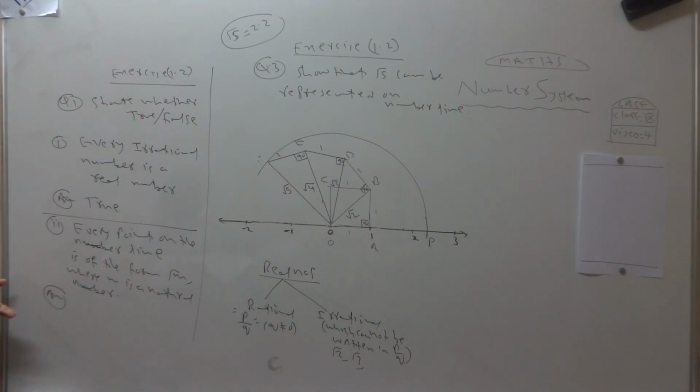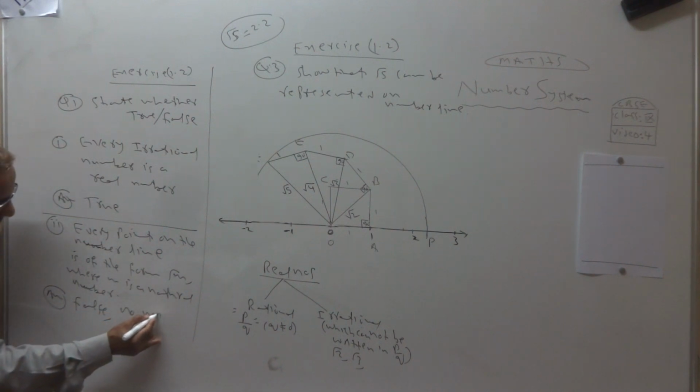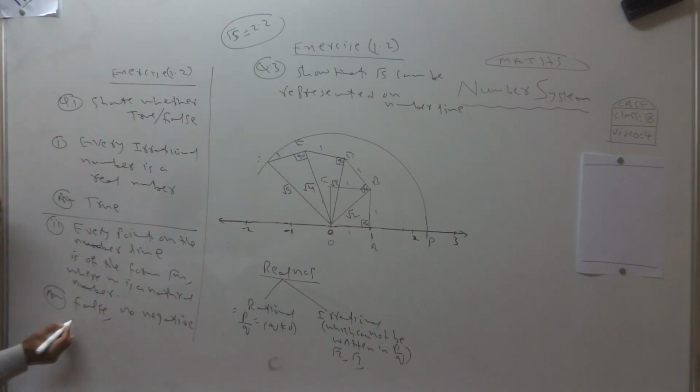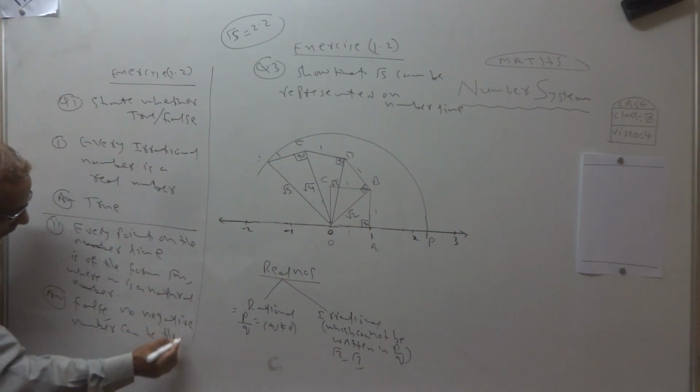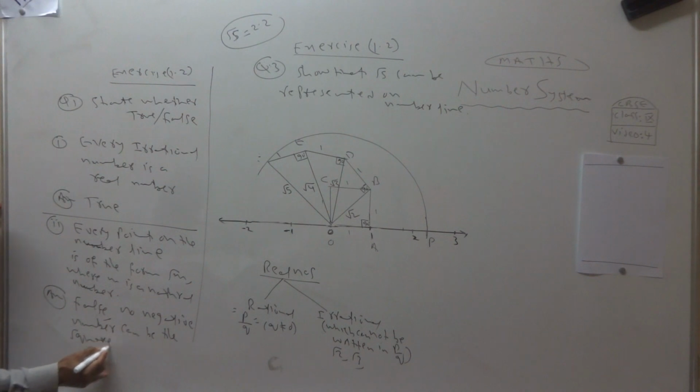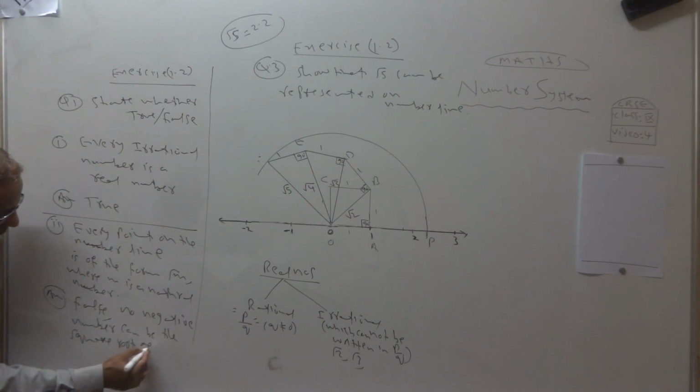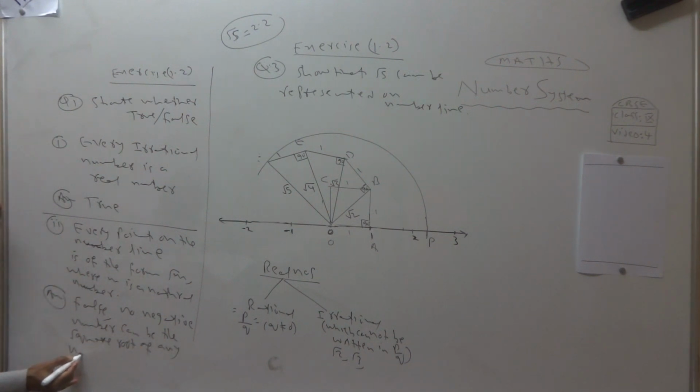See, this is wrong. Why? Because no negative number can be the square root of any natural number.